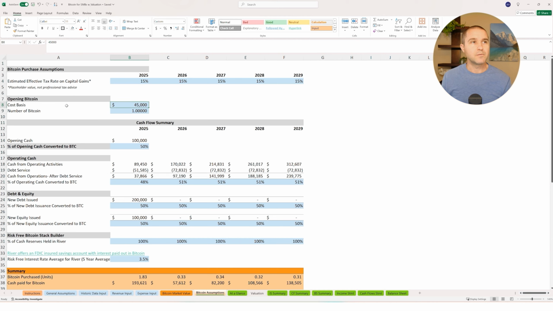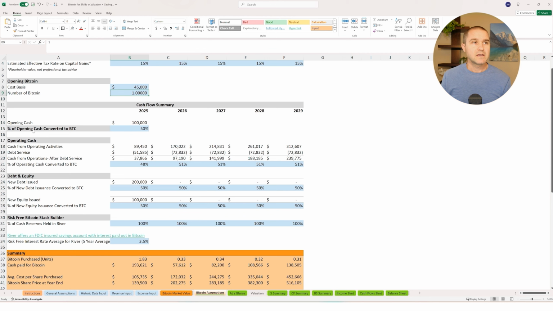We also give you the ability to say, let's say you already have some Bitcoin on the balance sheet and you want to put in a cost basis and a number of Bitcoin that you have on the balance sheet already. So you can set that assumption here. And then you're going to be able to put in what percentage of your opening cash you are going to convert to BTC. So let's say, again, you're taking the MicroStrategy playbook and you've got a chunk of cash sitting on the balance sheet and you're going to do a one-time buy with, let's say, 50% of your cash, you're going to immediately convert to Bitcoin.